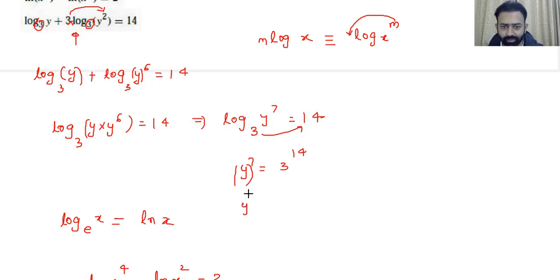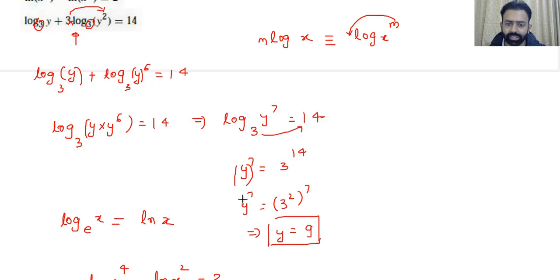So y raised to power 7 will remain as it is. I need to write 3 raised to power 14 as something raised to power 7. As we know that 14 is a multiple of 7, I can write this as 3 raised to power 2 raised to power 7, taking out 2 as a common factor and writing it in the base. Comparing this gives you y is equal to 9, 3 square, because exponents are same.